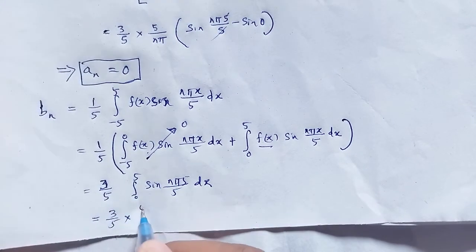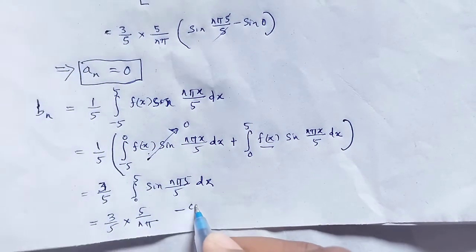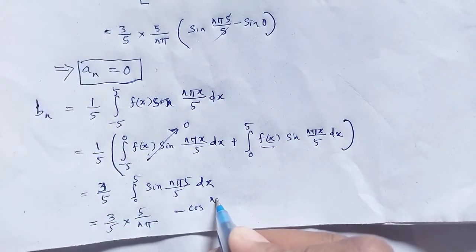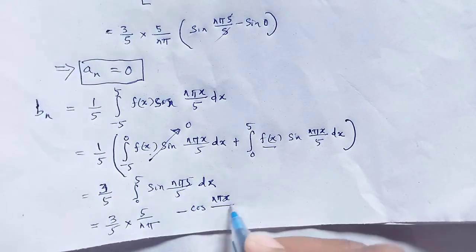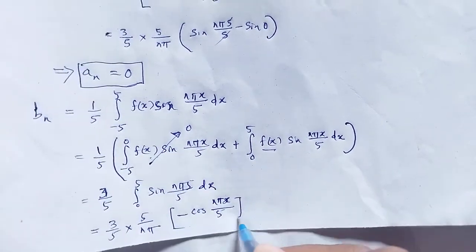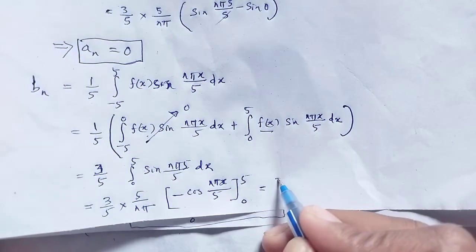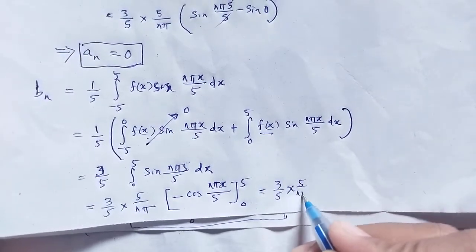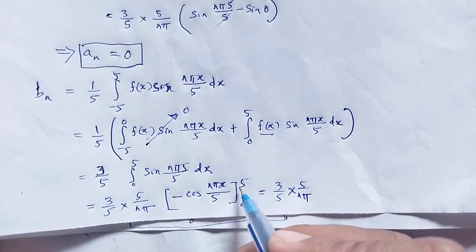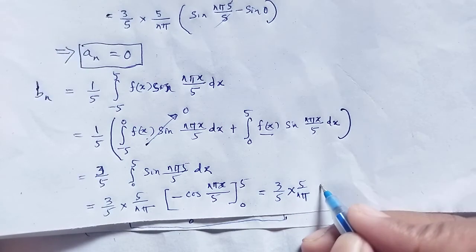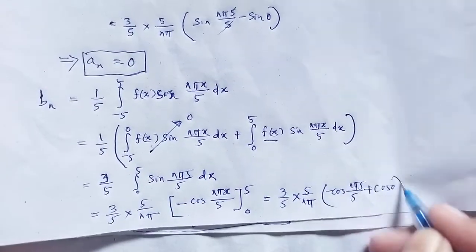That is equal to 3 by 5, and the integration of that term gives 5 by n pi, here minus cos n pi x by 5, over the limit 0 to 5. That will be 3 by 5 into 5 by n pi, and using upper limit and lower limit, that will be minus cos n pi 5 by 5 plus cos 0.